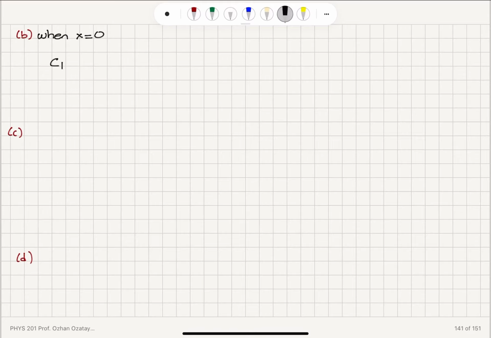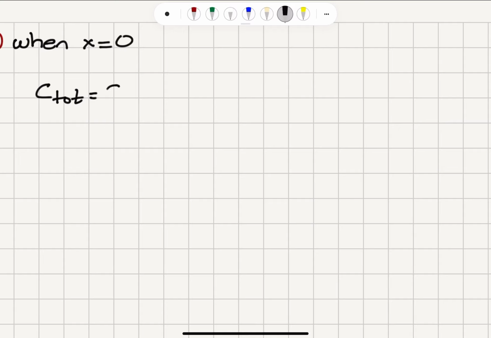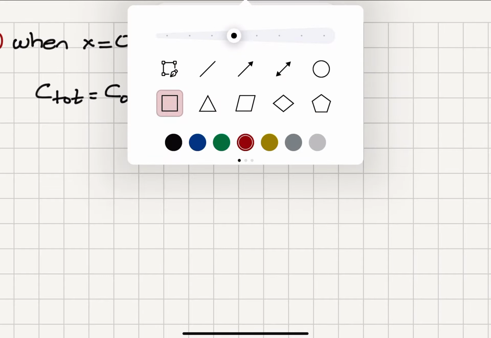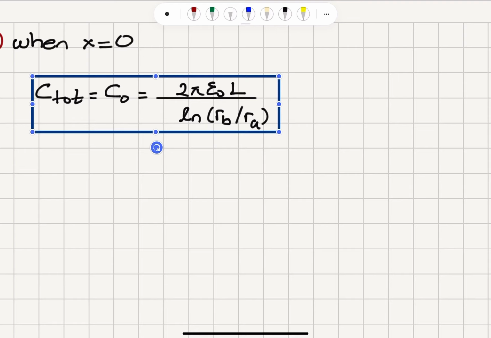The total capacitance becomes C0, which means there is no insert, and it will be 2 pi epsilon 0, permittivity of free space, times the total length, divided by natural logarithm R sub B over R sub A. This is the situation without an insert.